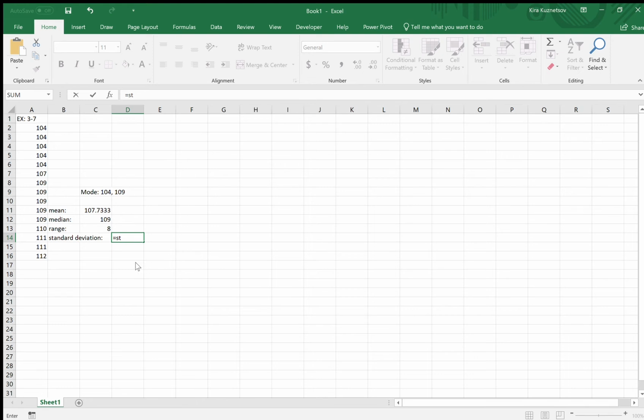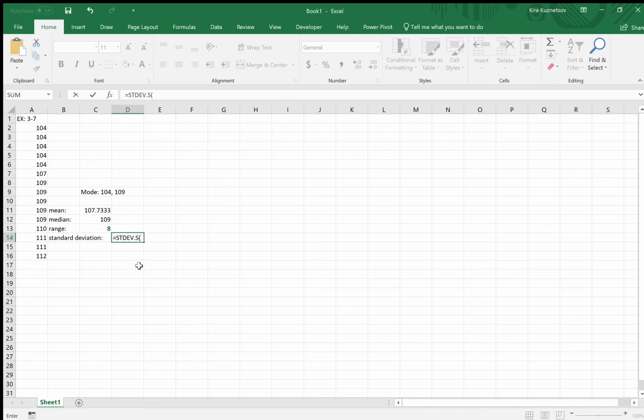Now what we need is to calculate the sample, because this is a sample standard deviation. The chances are you never ever calculate population parameters. You calculate sample statistics and predict population parameters. That's what usually happens.